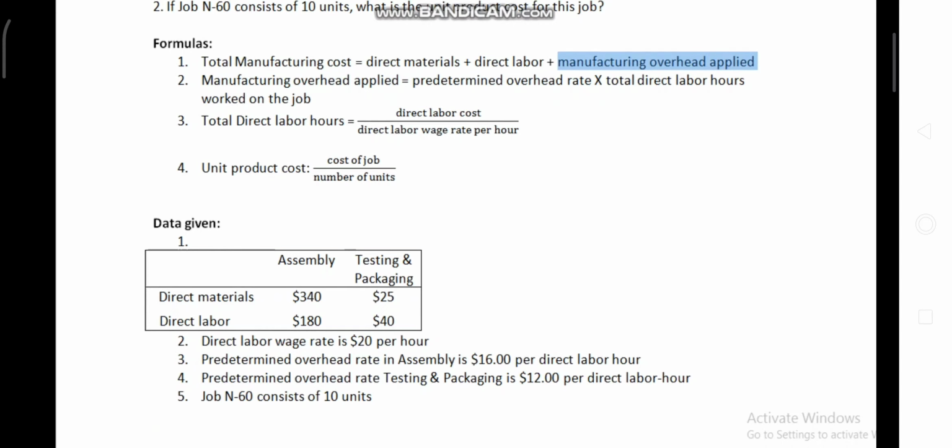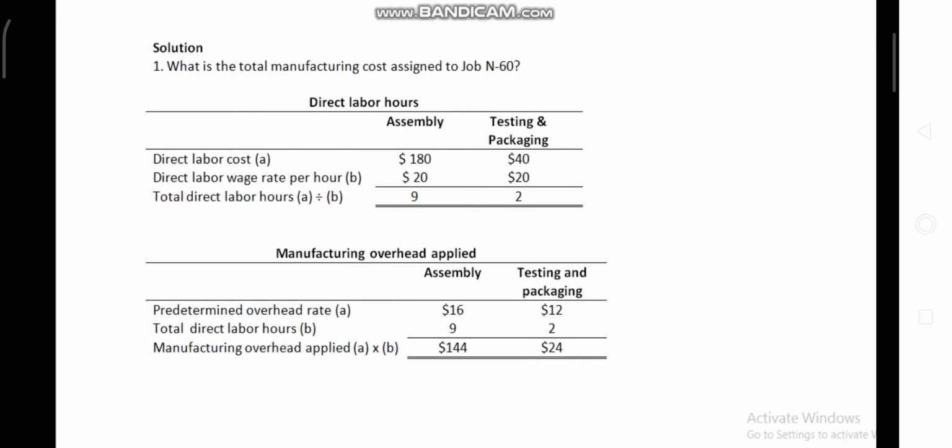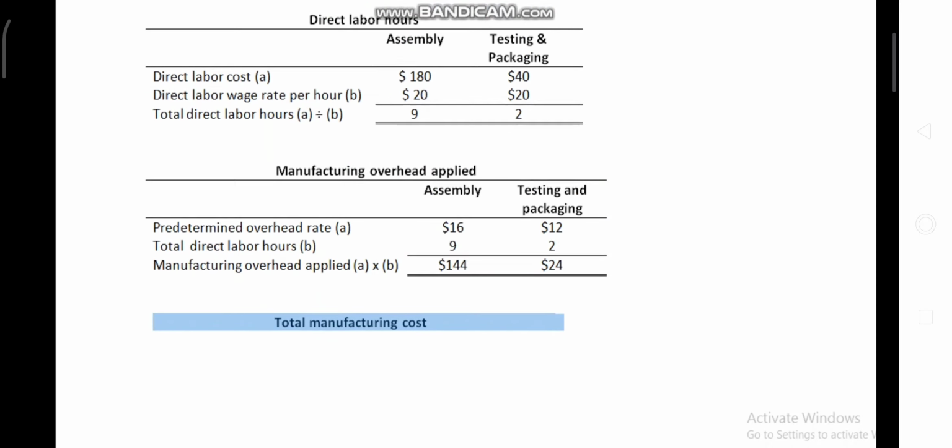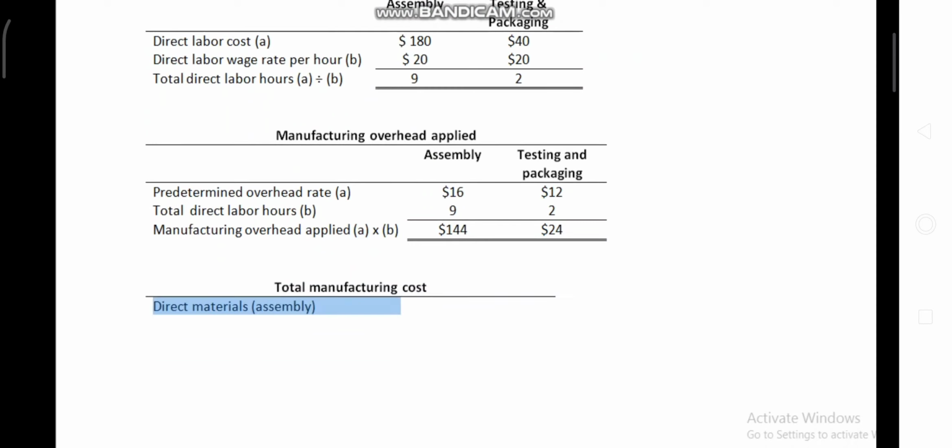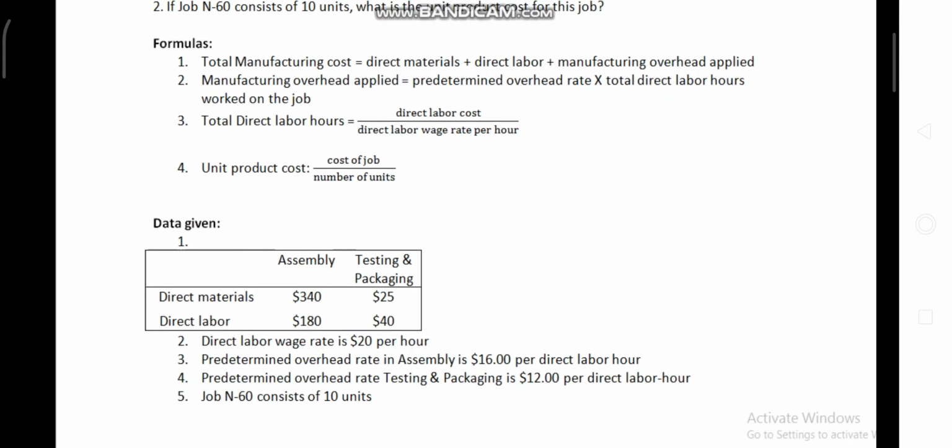Direct materials and direct labor are mentioned already in the question. Now let's solve the total manufacturing cost of job N60. Direct materials for assembly department is $340.